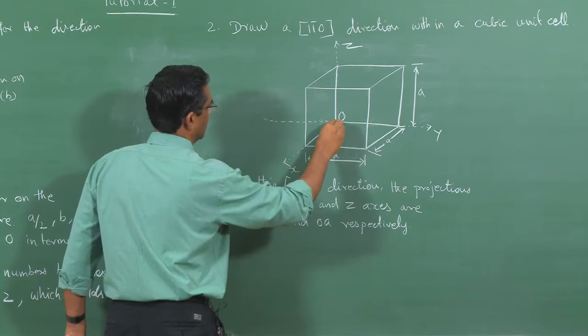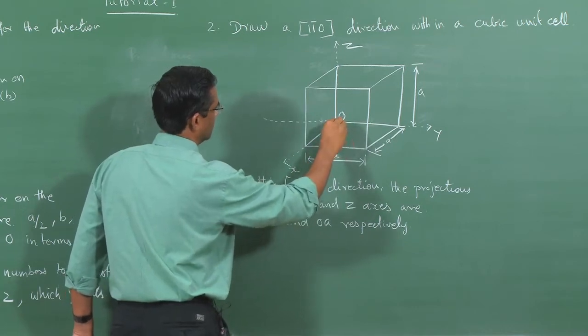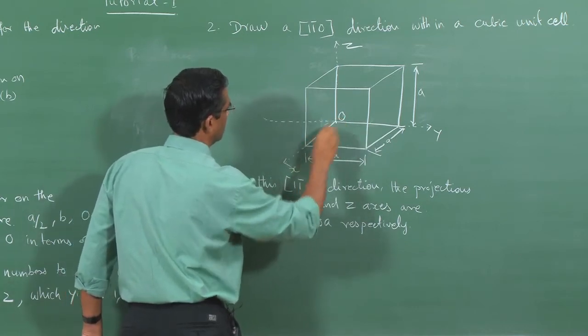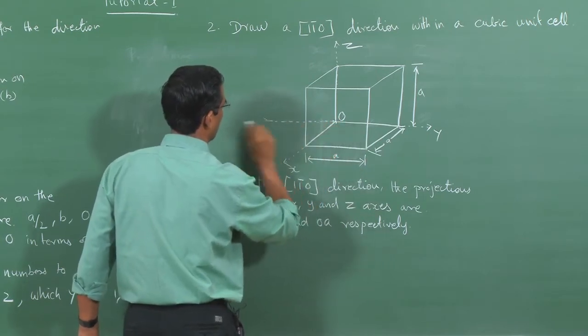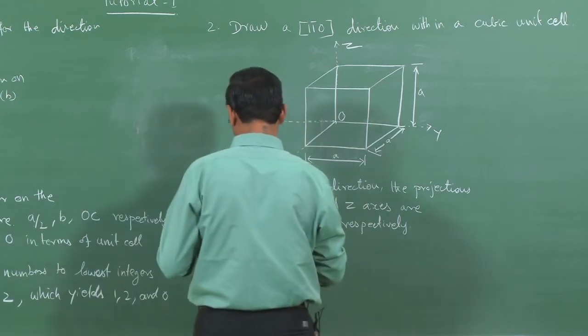So this is 1 and then you start with this. Let us construct this cell again.